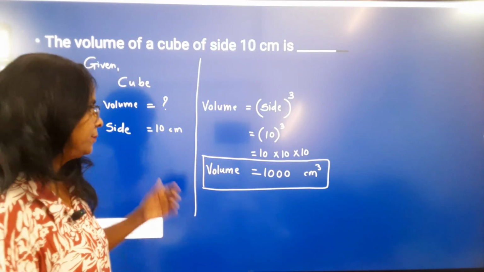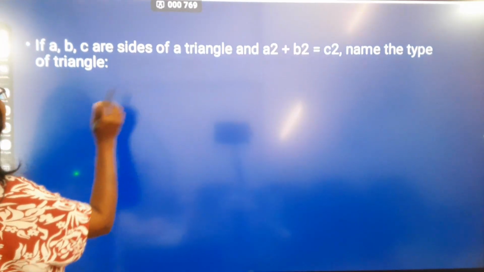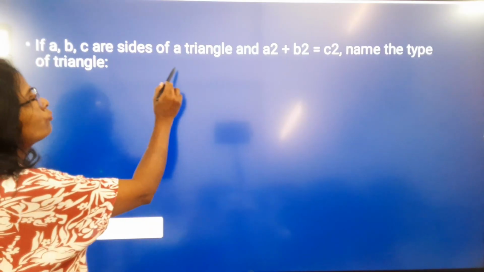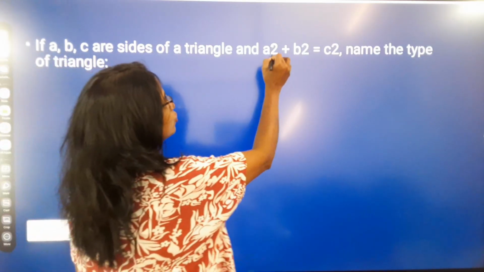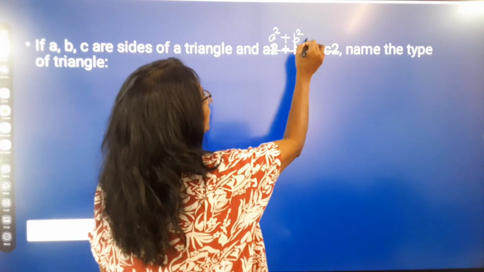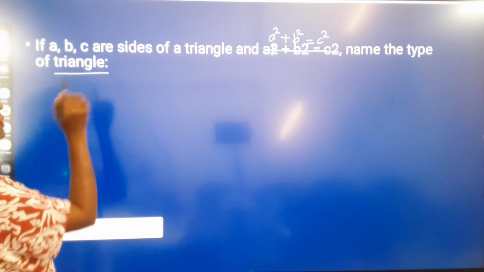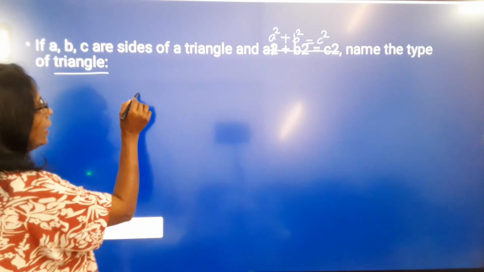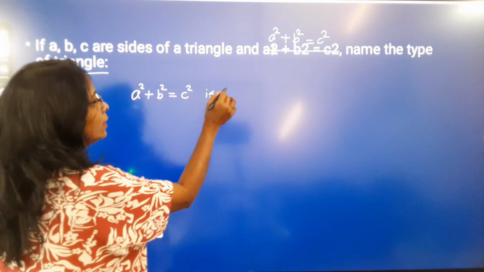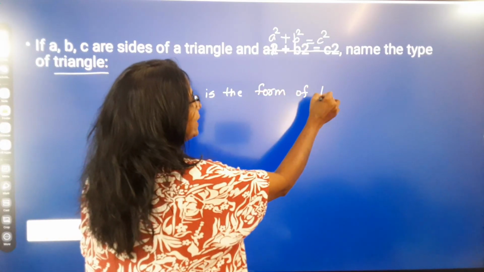Okay students, then the next one: if A, B, C are sides of a triangle and A square plus B square is equal to C square, then name the type of triangle. Okay students, A square plus B square is equal to C square is the form of a right angle triangle.